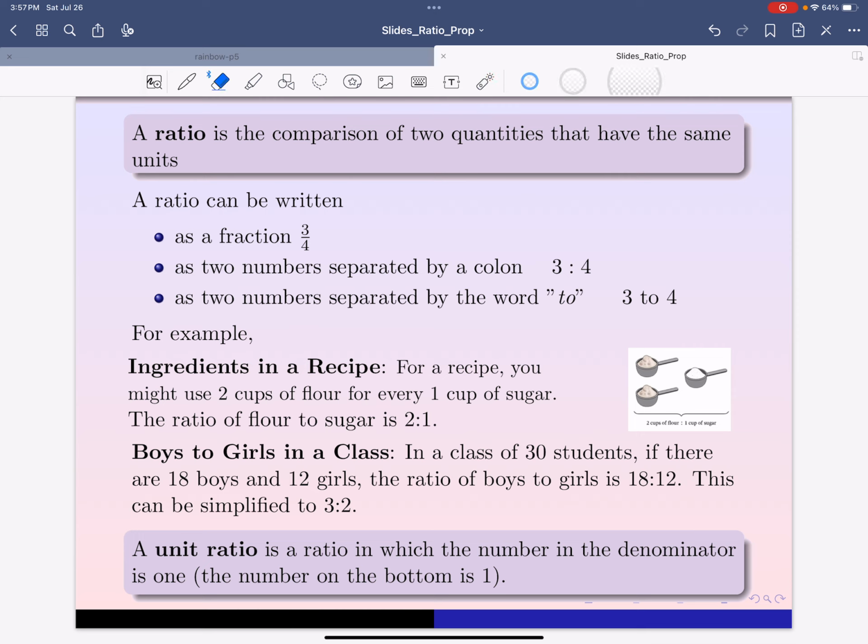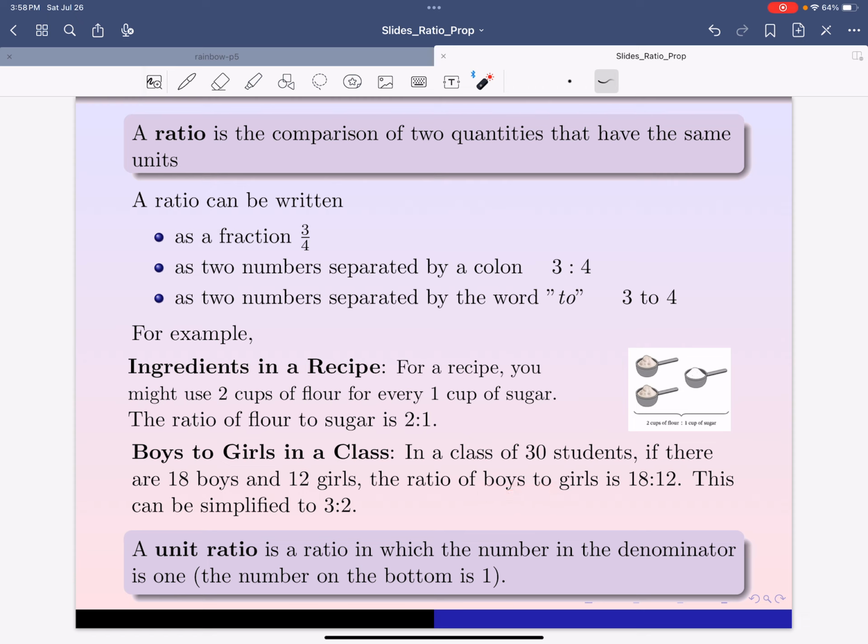Or a ratio of boys to girls in a class. So if we have in a class 30 students, there are 18 boys and 12 girls, then the ratio of boys to girls is 18 to 12.